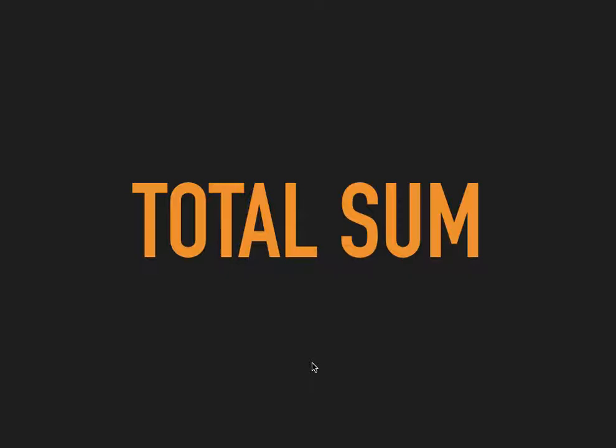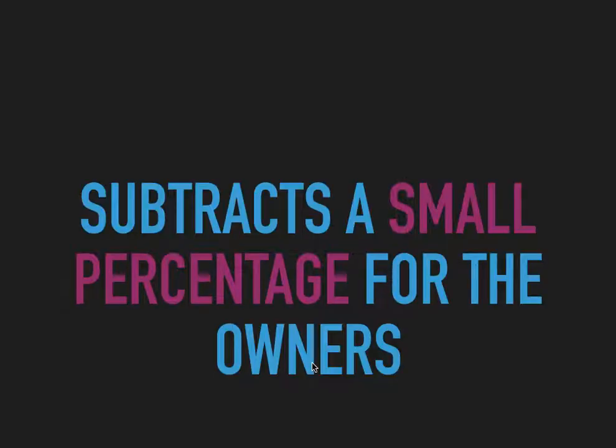The system, which is computerized in PTC Groups, obviously because it has many members, calculates the total sum of money gathered in every matrix separately, the whole amount from memberships, and then it subtracts a small percentage for the owners, which goes to the maintenance of the system, and of course some profit has to be made for the owners for doing this, but it's really a very small amount.